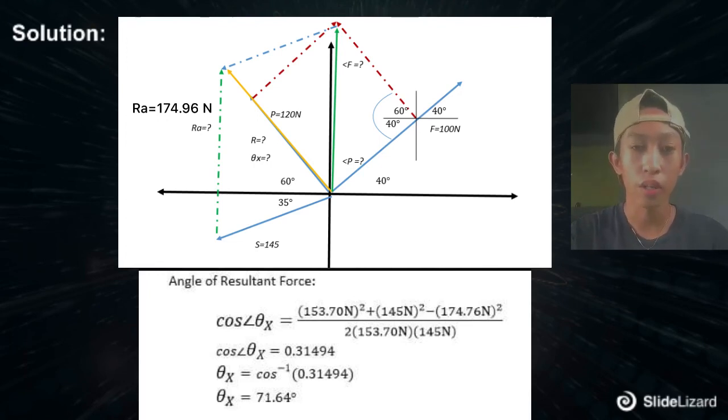Here, 153.70 Newton squared you just square, and you get 23,623.69. The same for 145 Newton, square it and you get 21,025. Then minus 174.76, square it and you get 30,541.06.